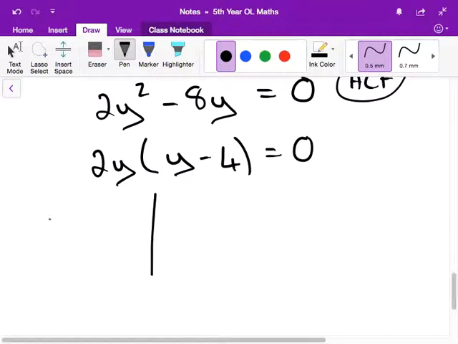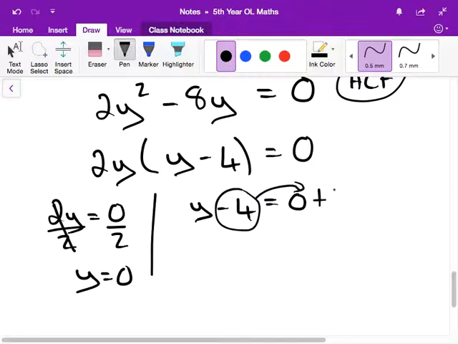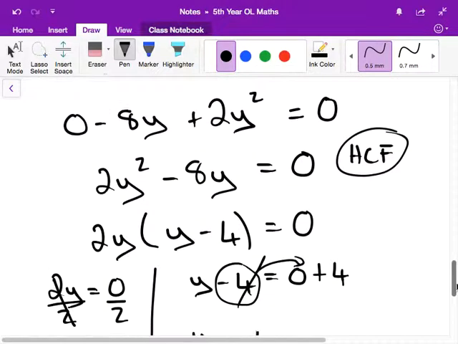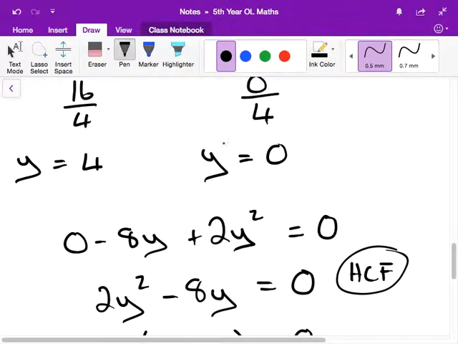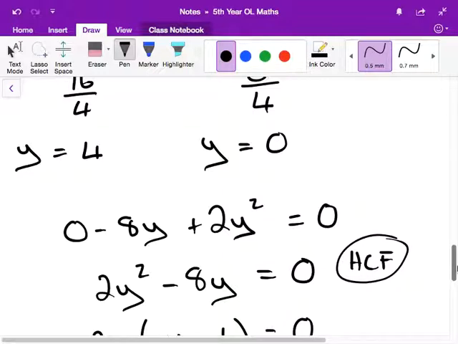Split the page, let the 2y equal 0, and let the y minus 4 equal 0. Here I would divide by 2, and I'd get y equals 0. And here I would bring the 4 across. It would become a plus 4, and I'd get y equals 4. So whether you do it with minus b or using your factorization rules, you get y equals 0, y equals 4 as your two answers.